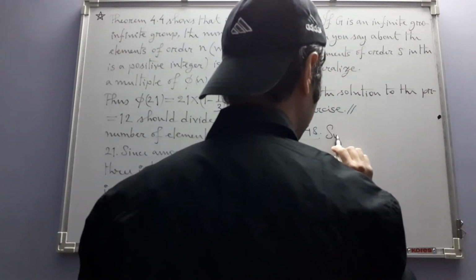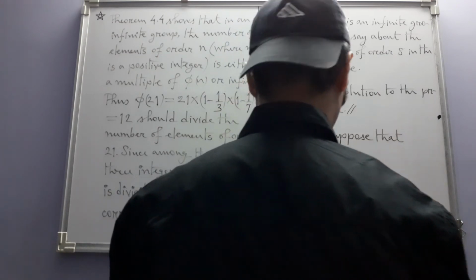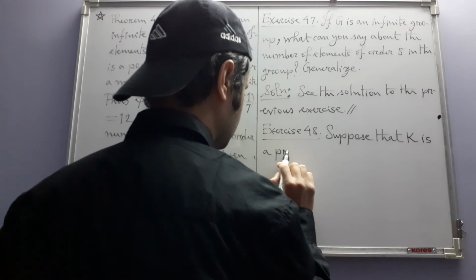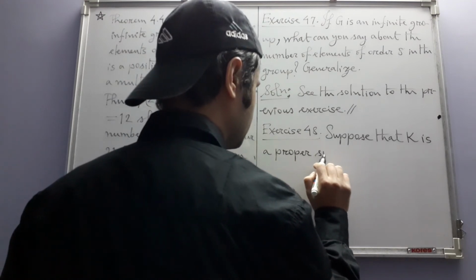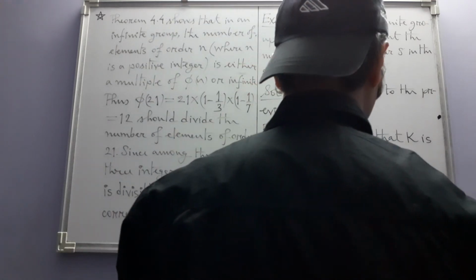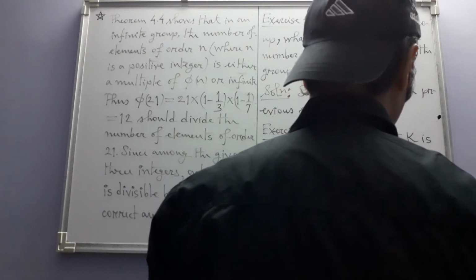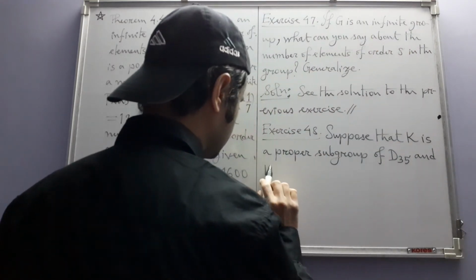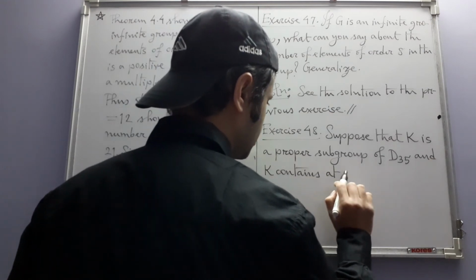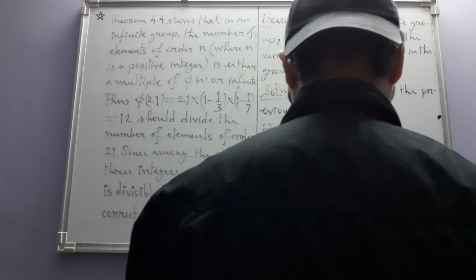Suppose that K is a proper subgroup of the dihedral group D35 and K contains at least two reflections.